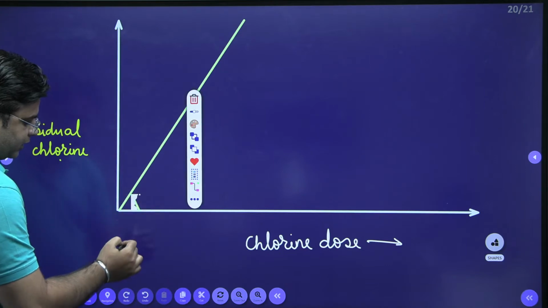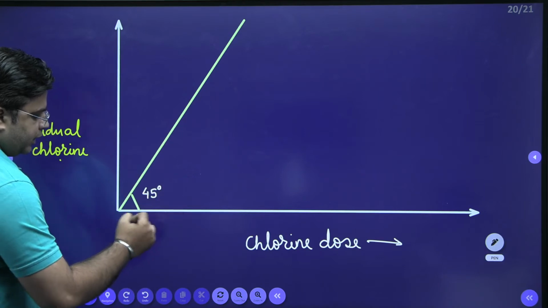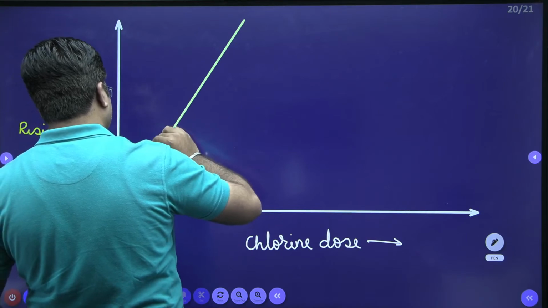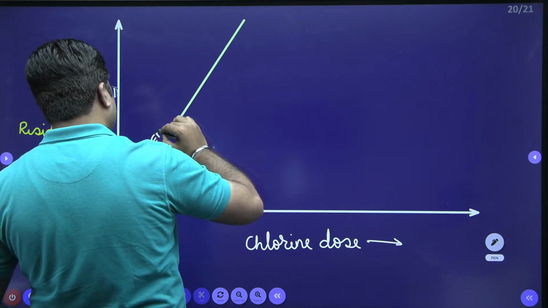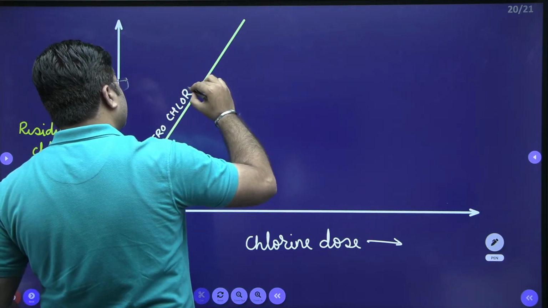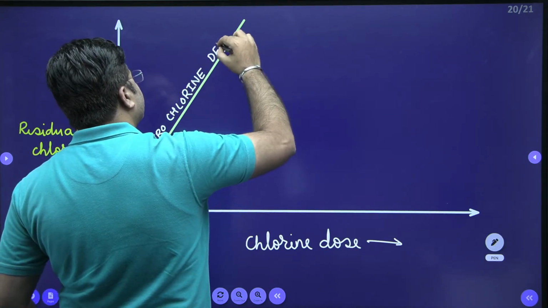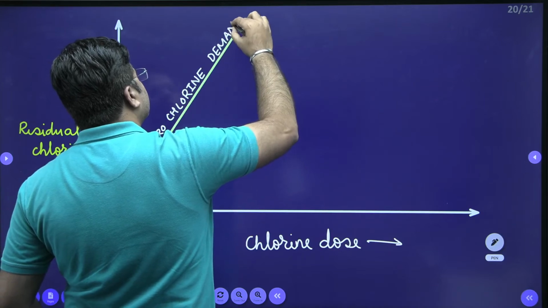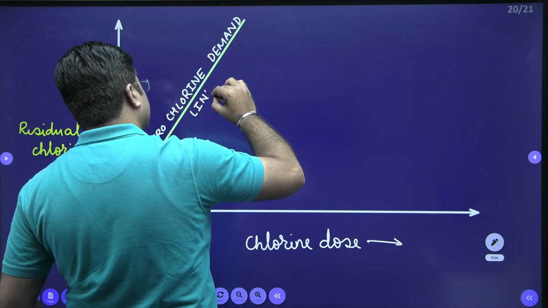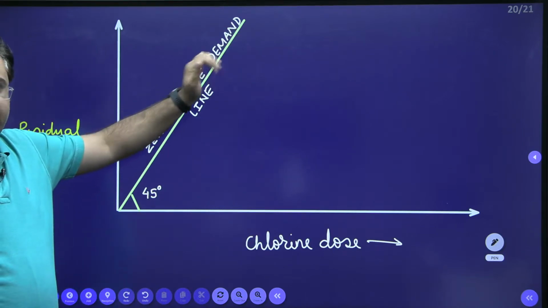So this angle will come out to be 45 degrees. And this line is known as the zero chlorine demand line.